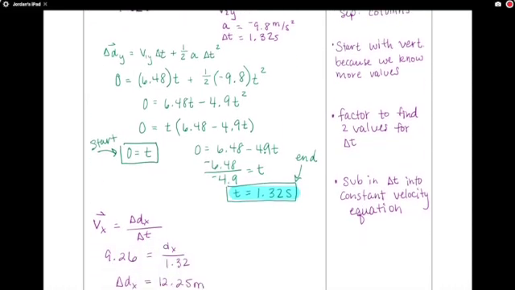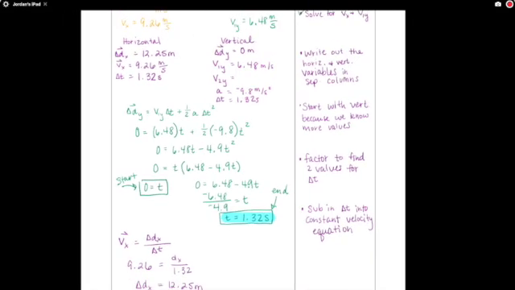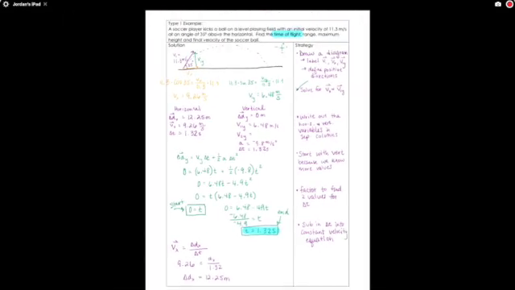Okay, so 12.25 meters. Let me go ahead and mark that one. So our range is here.